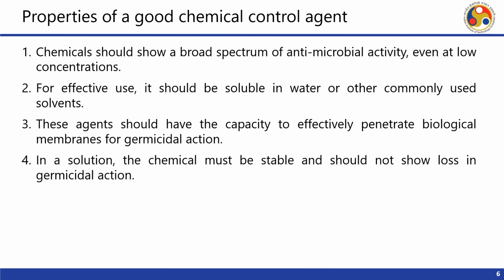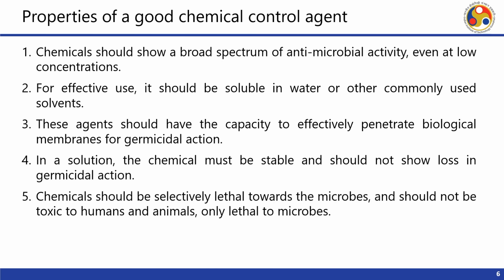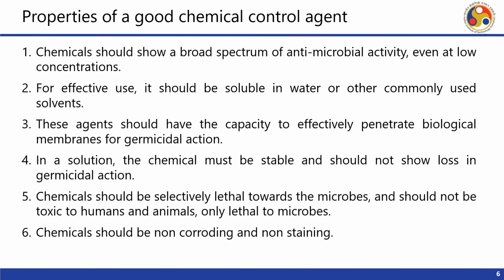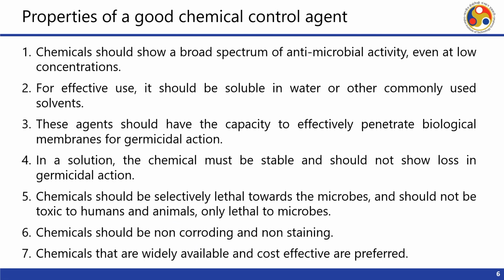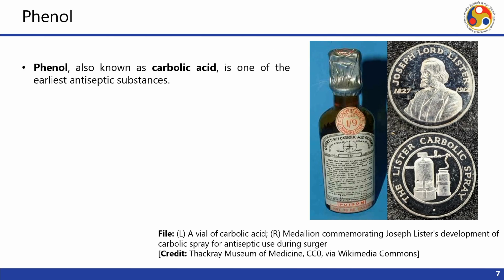In a solution, the chemicals must be stable and should not show loss in germicidal action. Chemicals should be selectively lethal towards the microbes and should not be toxic to humans and animals. Chemicals should be non-corroding and non-staining. Chemicals that are widely available and cost effective are the most preferred.